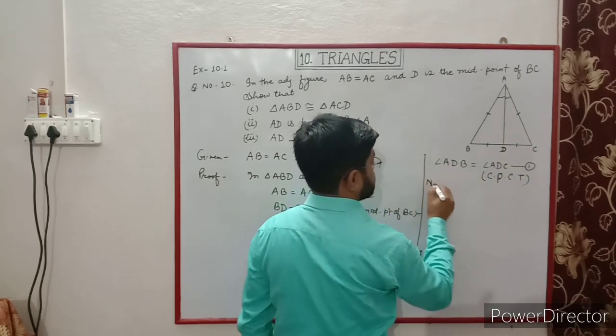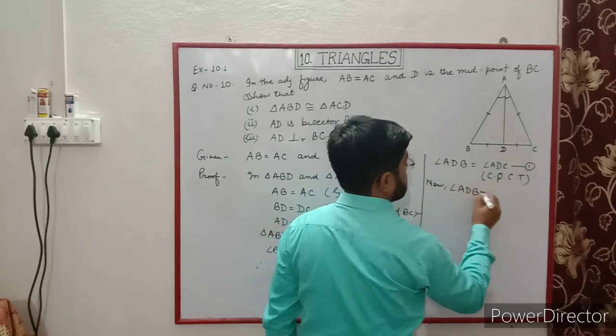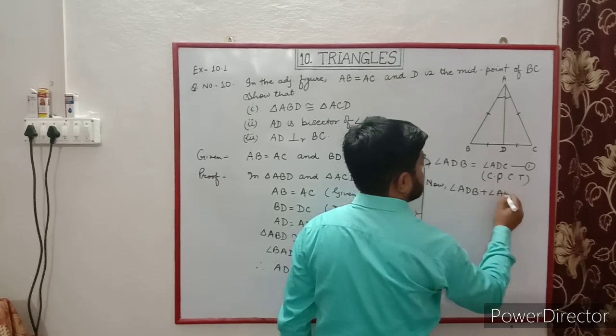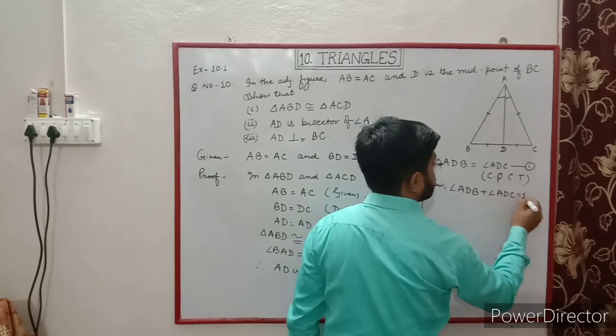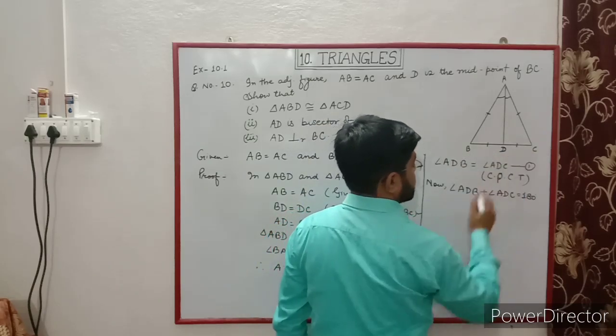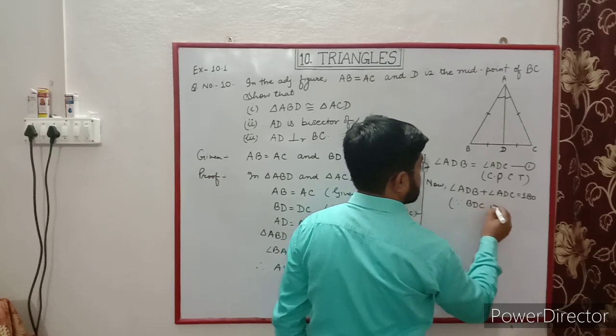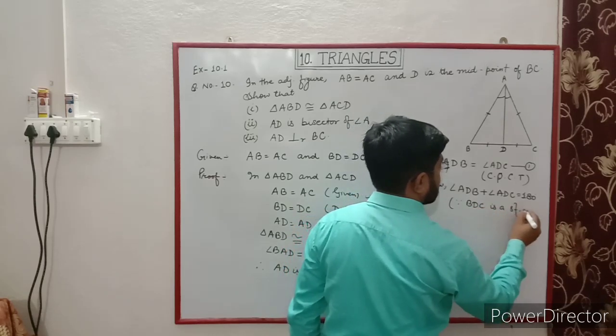Now angle ADB plus angle ADC is equal to 180 degrees, since BDC is a straight line.